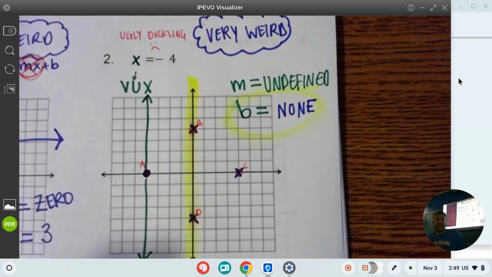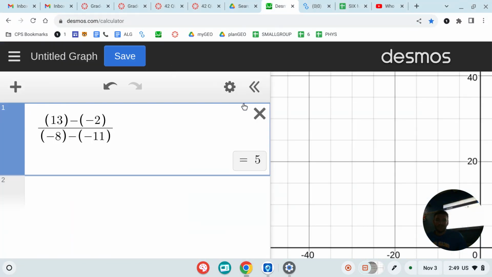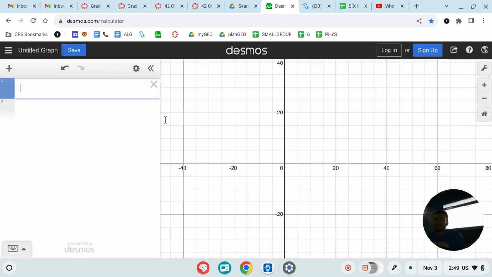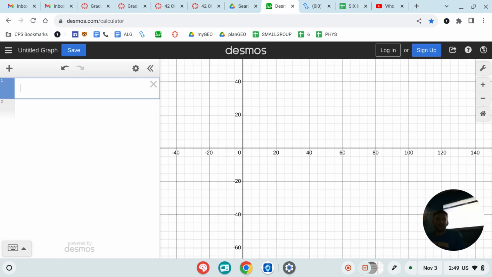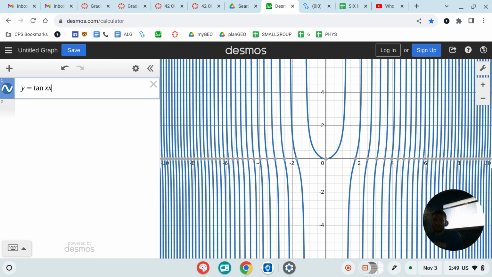The last tip I want to give you is that if you're not sure whether your graph is right or wrong, the good news is you have Desmos. And Desmos is crazy powerful. Desmos can graph diagonal lines, weird lines, these curvy lines that you've never seen before. They can even graph these super crazy lines.